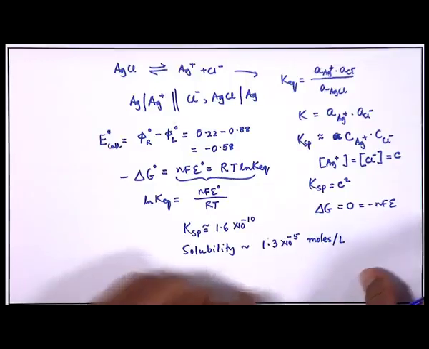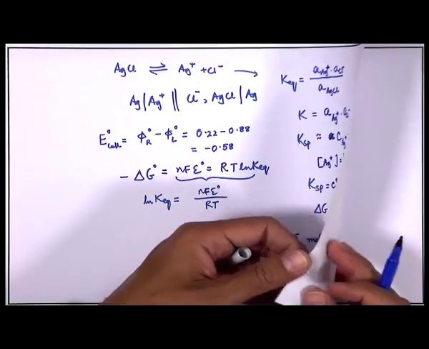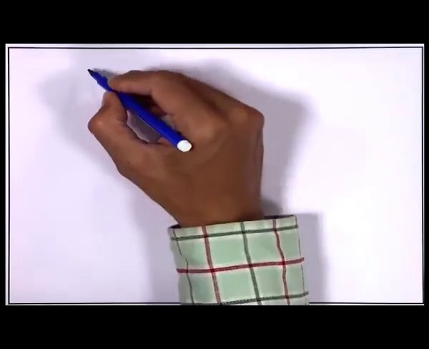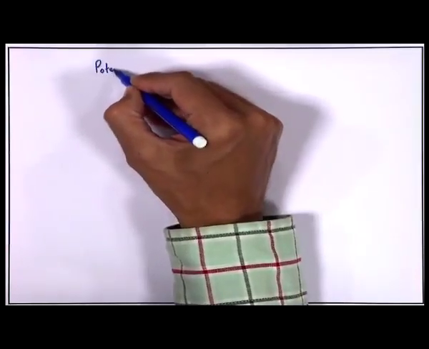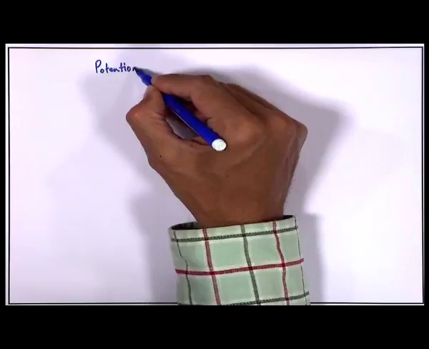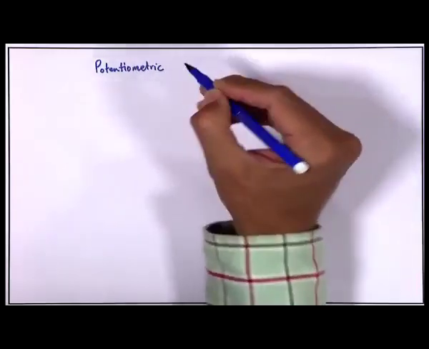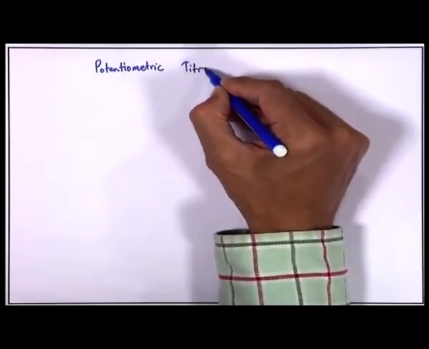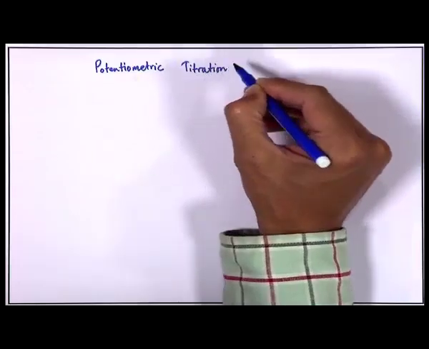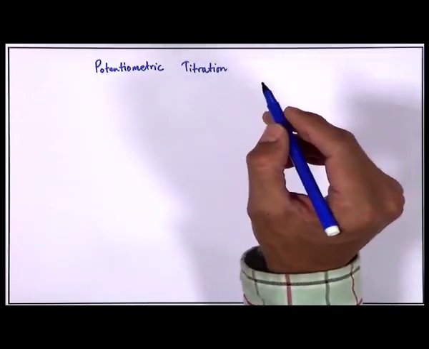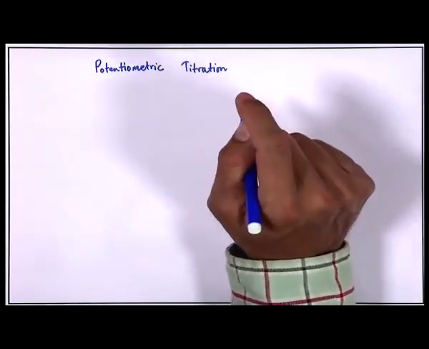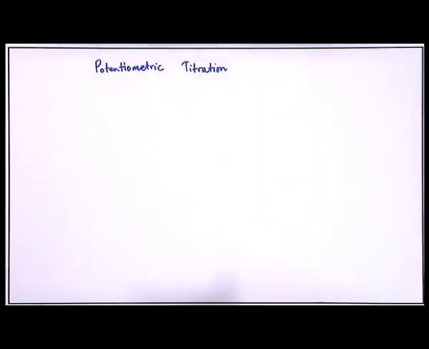Next, another important application of the Nernst equation could be the potentiometric titration. Potentiometric titration means you titrate like a general titration, and during titration you measure the cell potential.